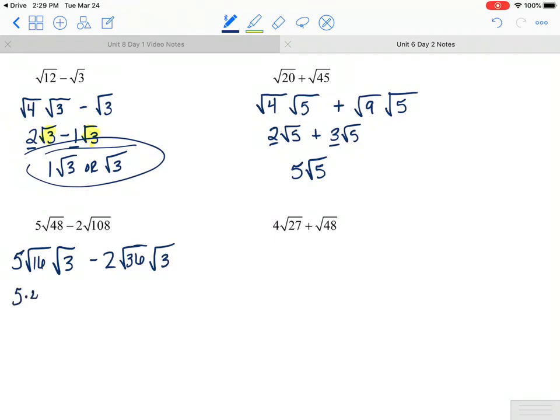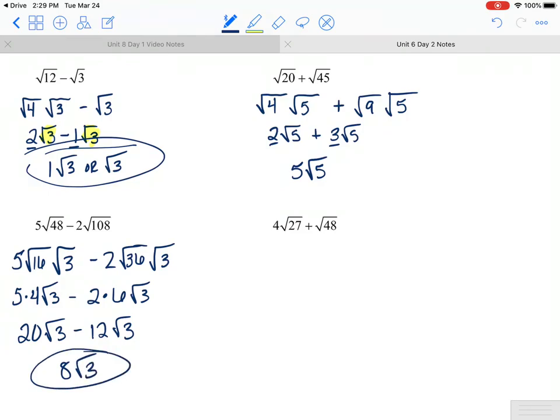So I get 5 times 4 radical 3 minus 2 times 6 radical 3. So I get 20 radical 3 minus 12 radical 3. So my final answer would be 8 radical 3.